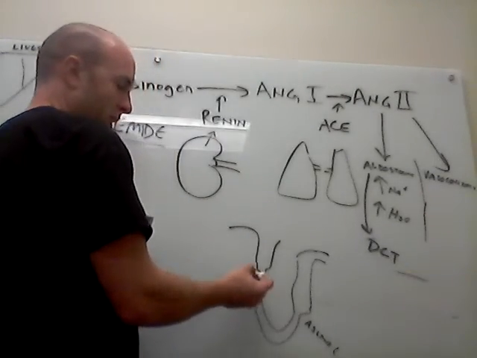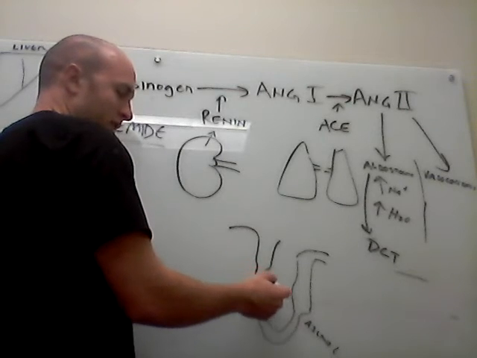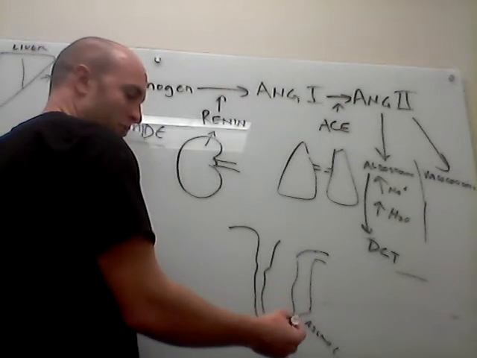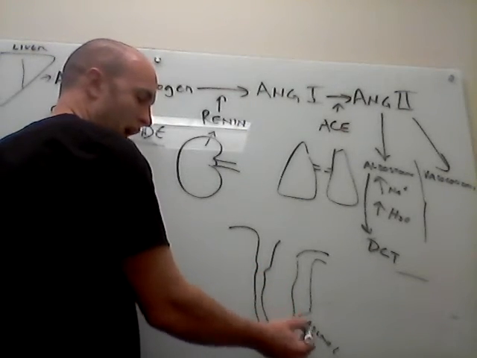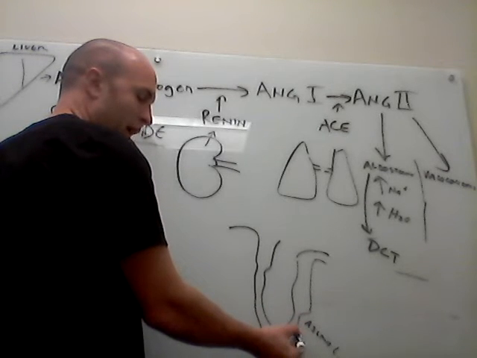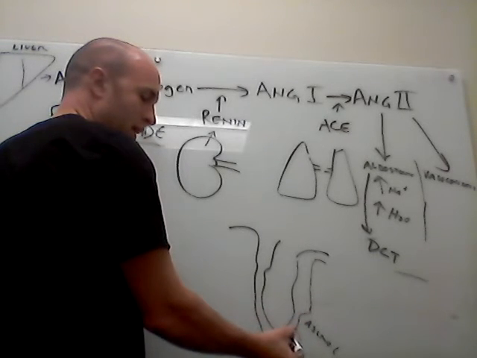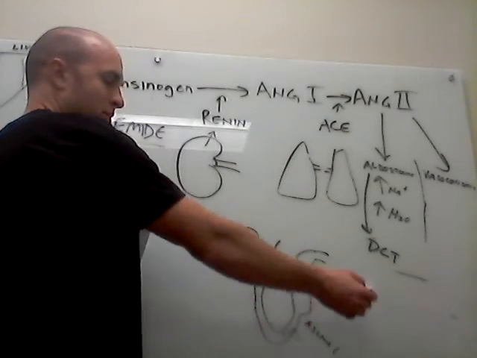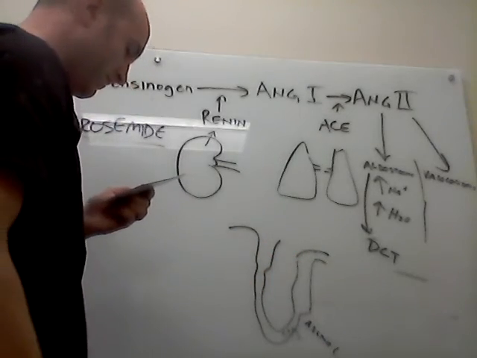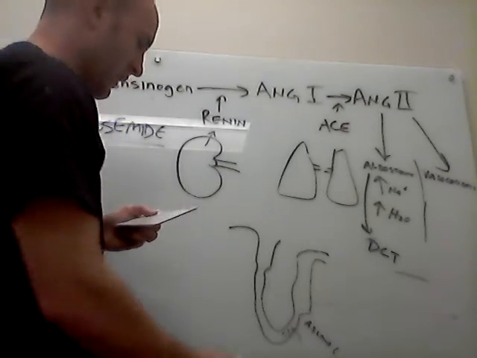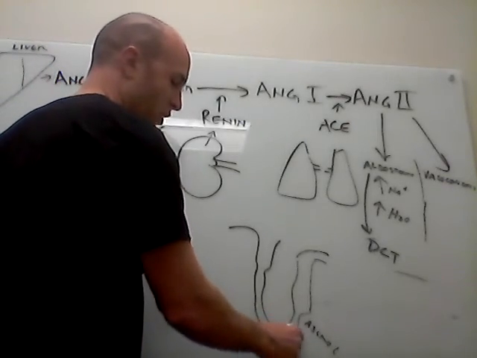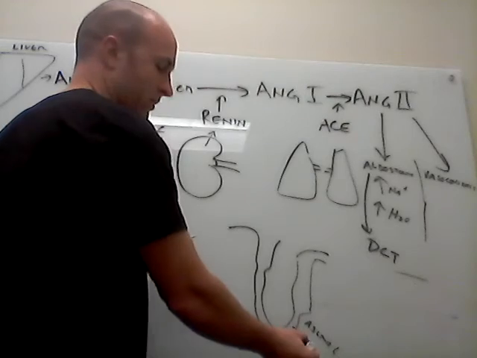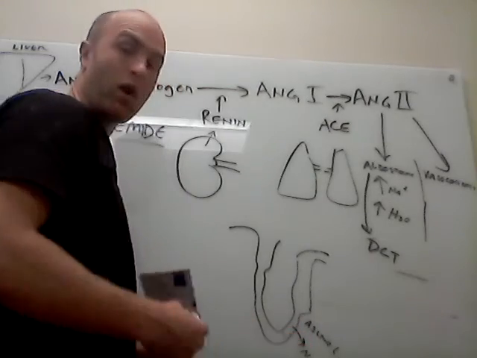So first of all, what it does in a lot of cases is it dumps stuff in there and pulls stuff back out, and it does this repeated times. So essentially, at one point, normally it would dump sodium and chlorine back in here, and the water would go in here, and it would come out as pee. But in this case, it says it's the other way. Normally it would pull back the sodium and chlorine, so your body keeps it, and the water would go with it.